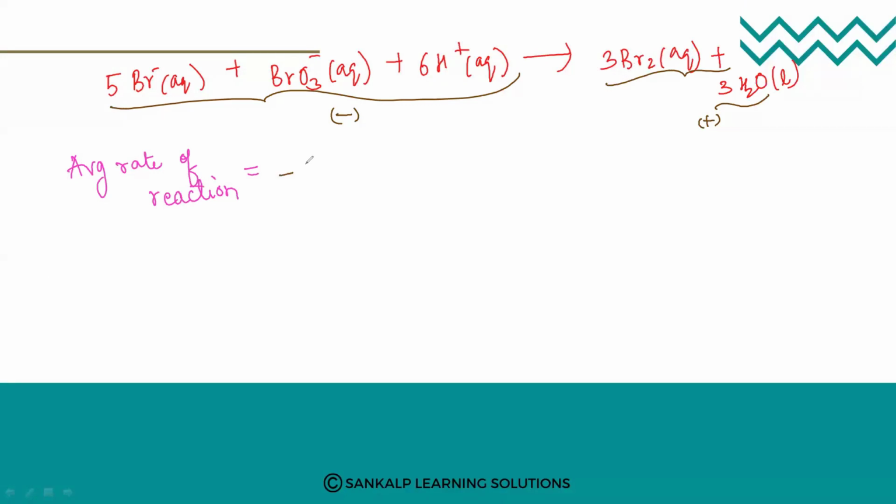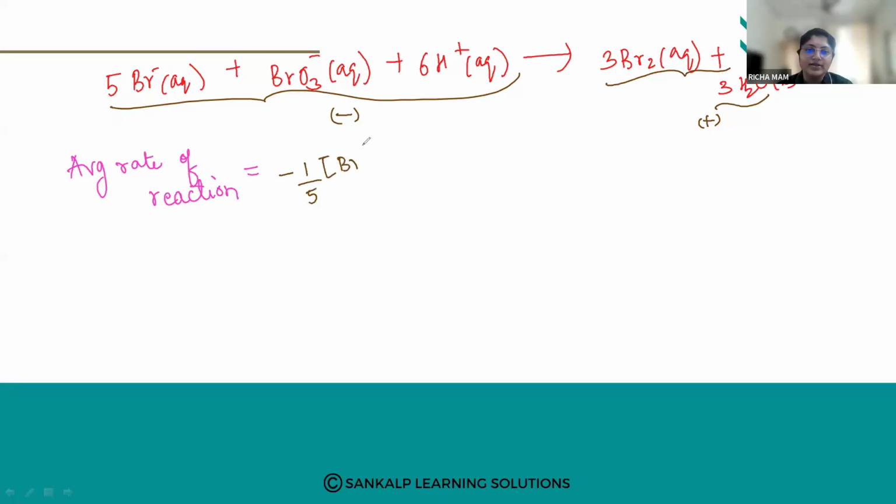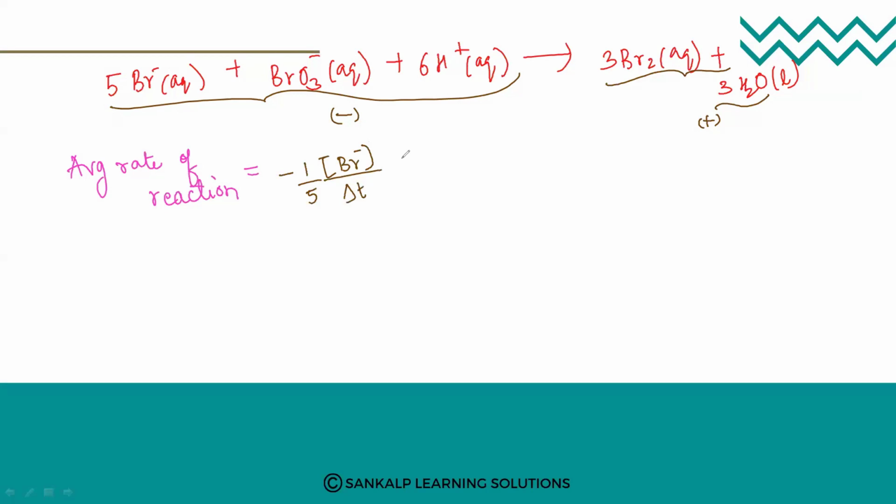How will you write it? Minus 1 by 1, delta concentration of BrO3 minus by delta t. Since there is no number, don't write 1.